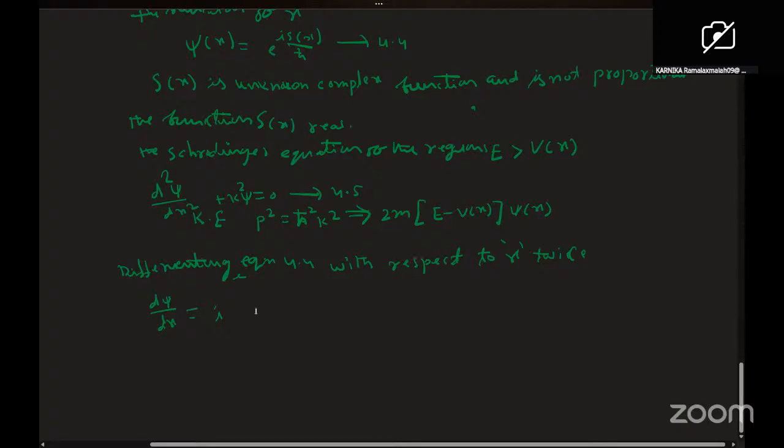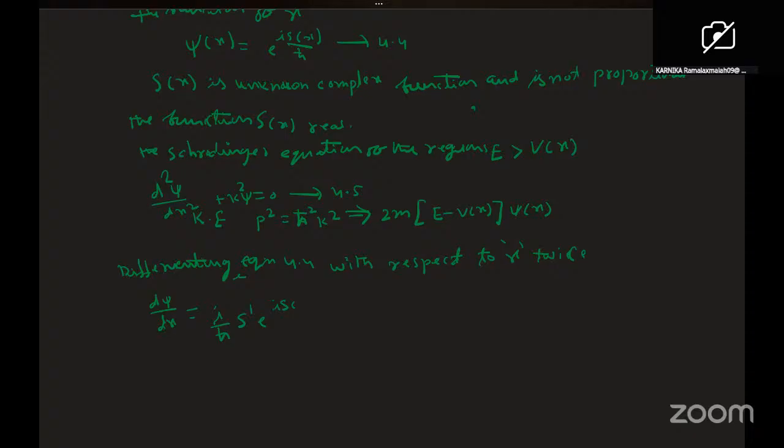So d psi by dx is equal to i by h cut s dash e power i s of x by h cut, which is equal to i by h cut into psi of x. Then differentiating twice.